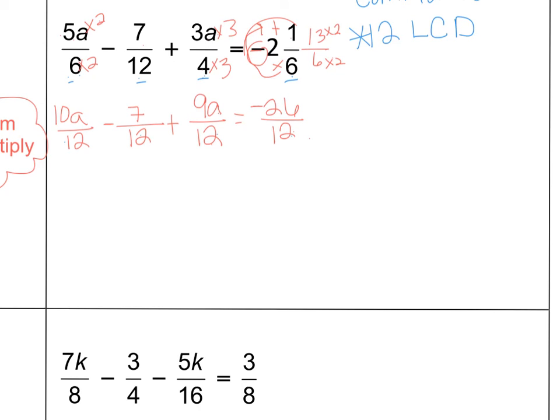Okay, and like we saw with that previous problem with the 8s, if I multiply by 12, I have to multiply all of them by 12. Okay, so we're going to go through, and by multiplying every single term by 12, we are losing our denominators. So you don't even have to write that step.